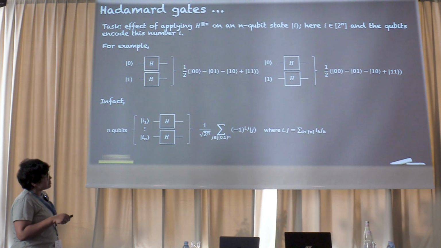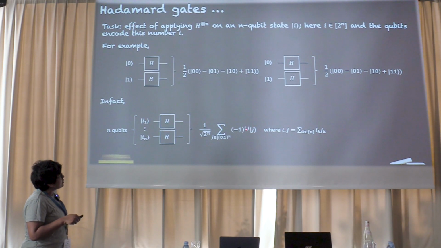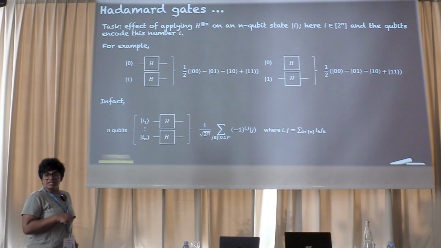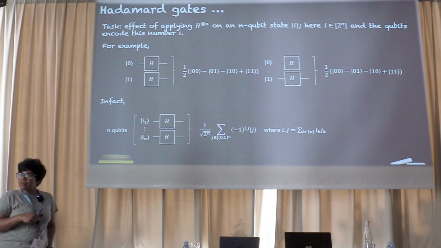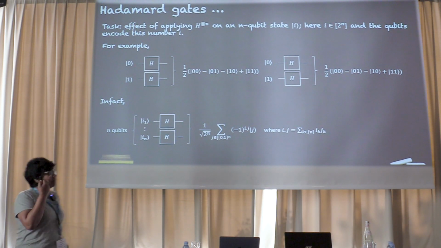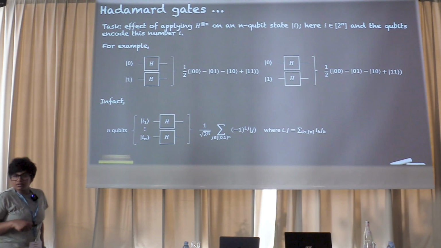Just trust me on this, you can work it out later. Basically, whether the sign is minus 1 or plus 1 depends on the inner product between i and j. This is also just linear algebra. This is what is going to be relevant for us, so we will see why. Just remember this part, and try to work it out at home, okay?